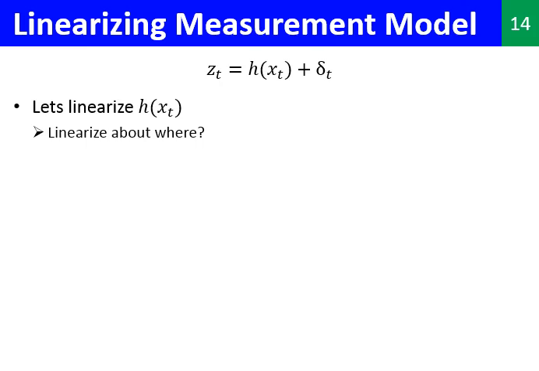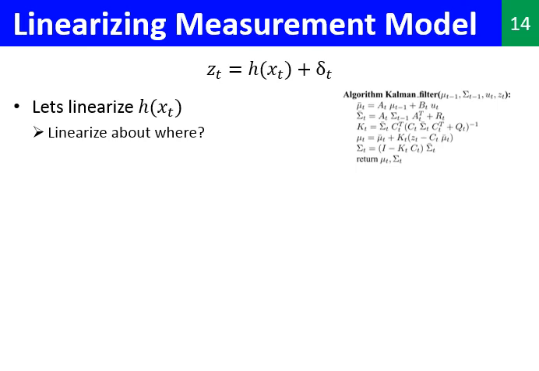Now, if we look at the Kalman filter, when we are about to use the measurement model, we have completed the prediction step using the state transition. So at that moment, our best estimate about the state would be mu t bar, right? Do you agree with that?